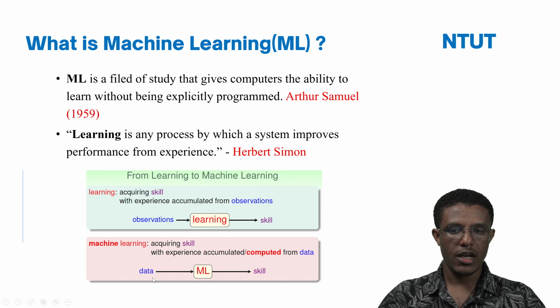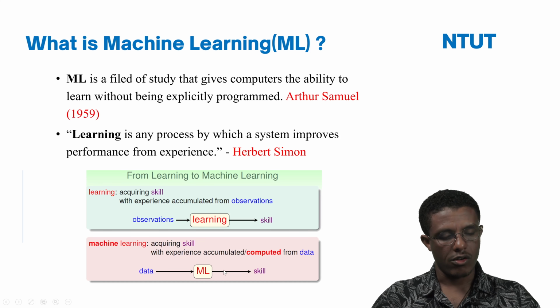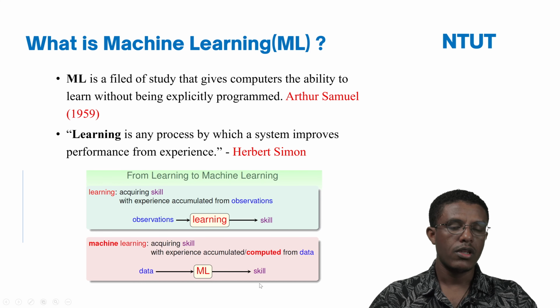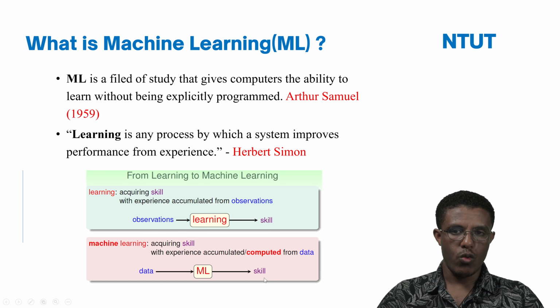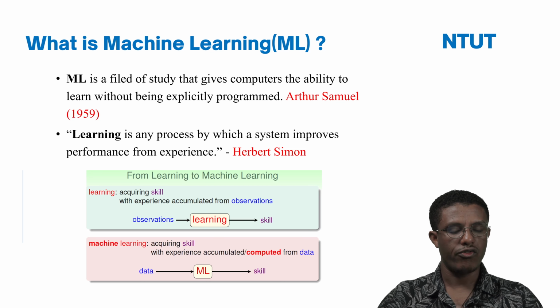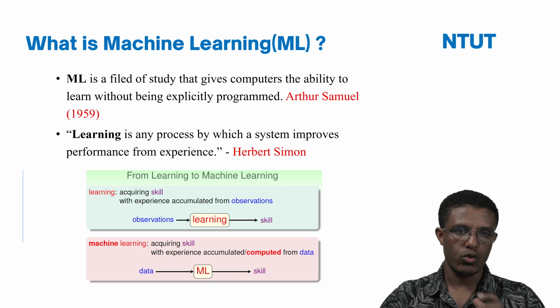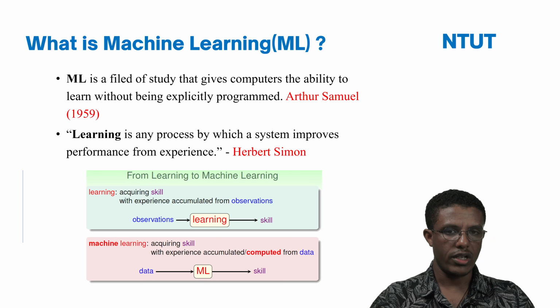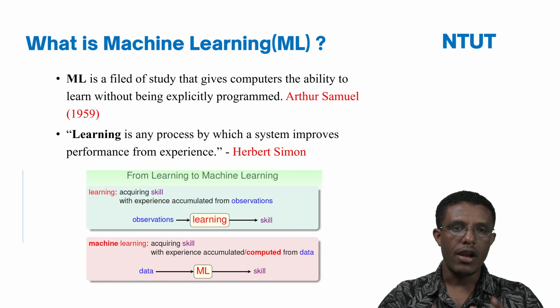The data is input into the machine learning algorithm, the algorithm learns from the data, and finally the model or machine learning algorithm has the skill. So machine learning is the ability to learn skills from the data or from observation.